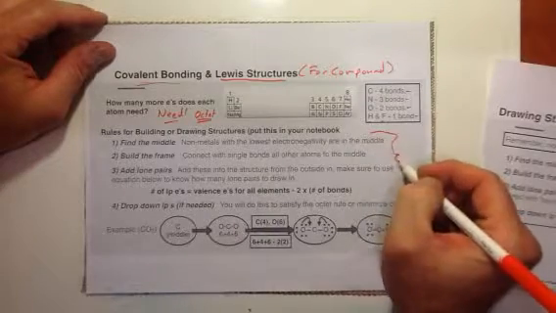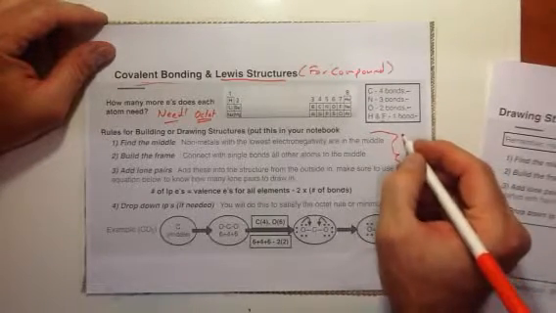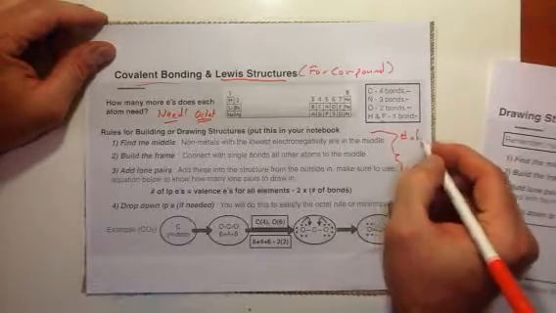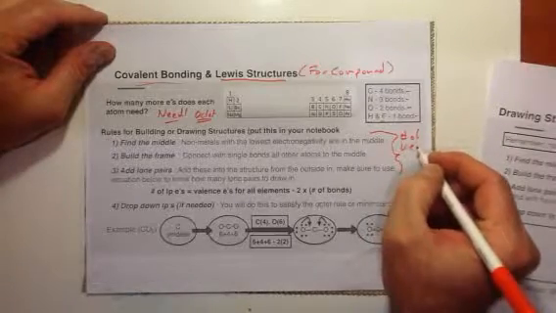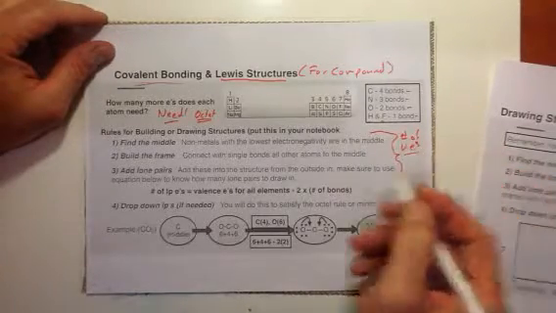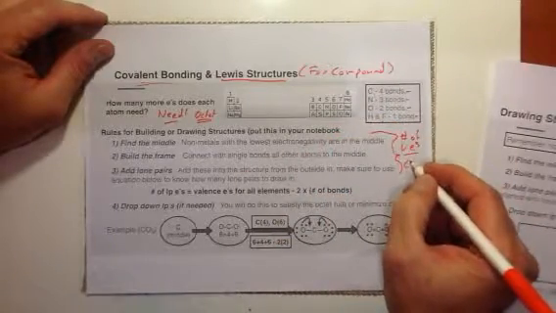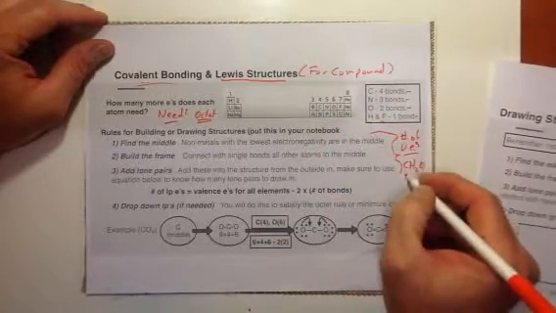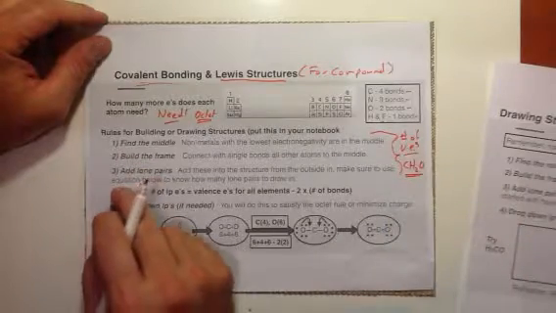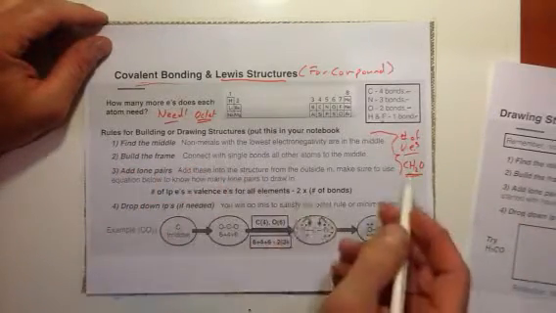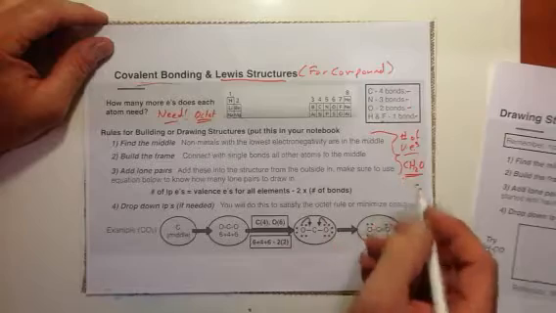Remember from class, we talked about first finding the number of valence electrons for our chemical formula. So for example, in class we looked at CH2O. Before we apply any of these rules for building a structure, always find the total number of valence electrons.